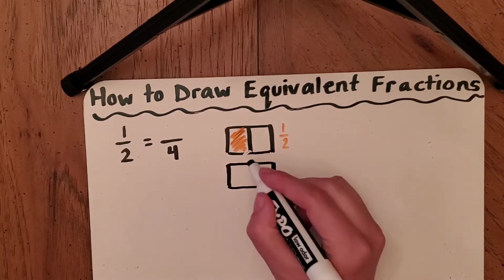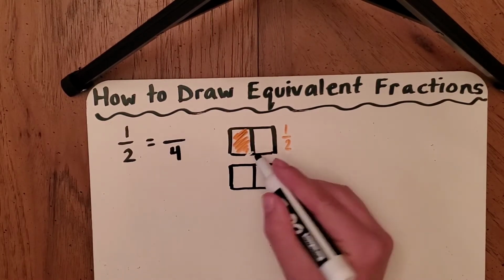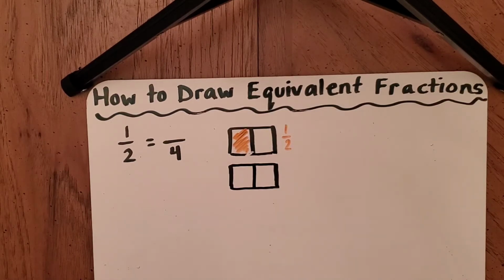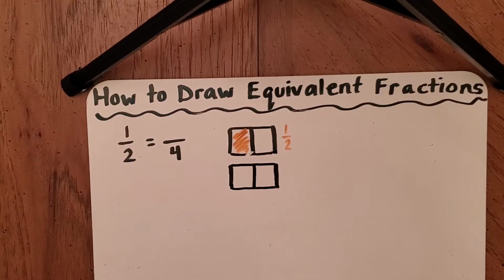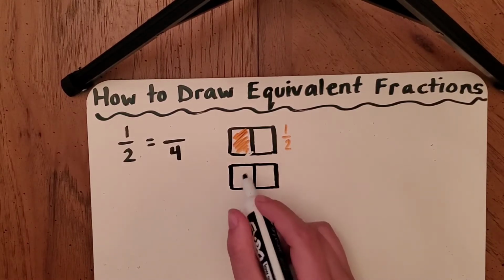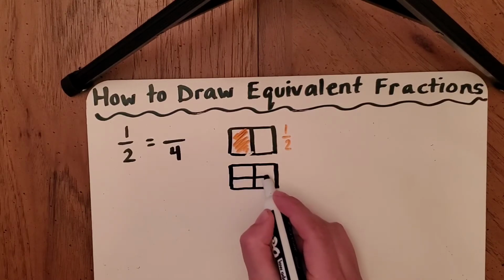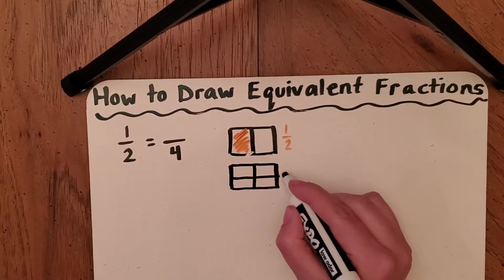What I'm going to do is first cut it the same way the first one was cut. And now I'm going to think to myself, well, so far it has 2 pieces. Where else could I draw a line to show 4 equal pieces? And I see that if I cut my rectangle in half sideways, now it has 4 equal pieces.